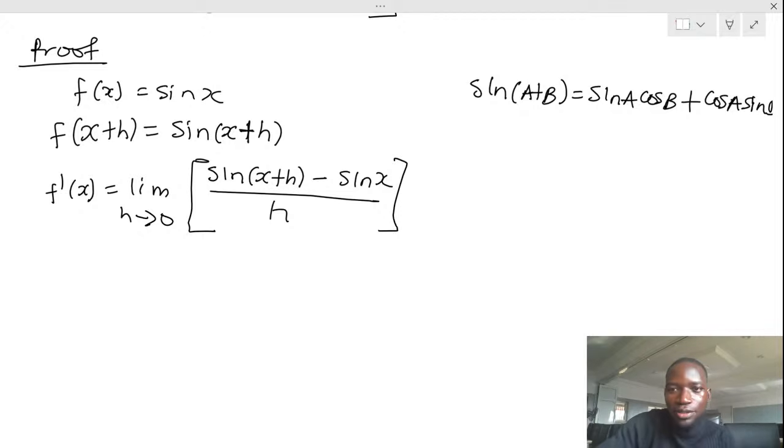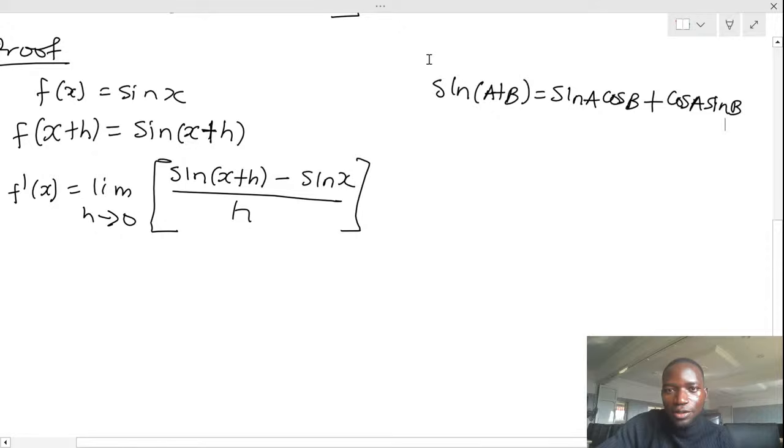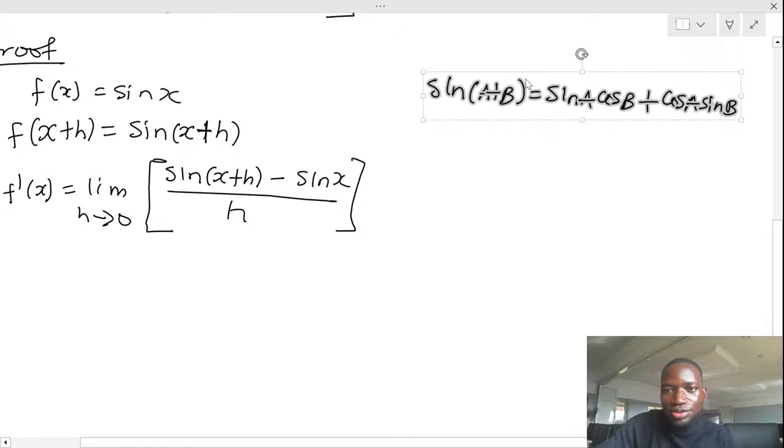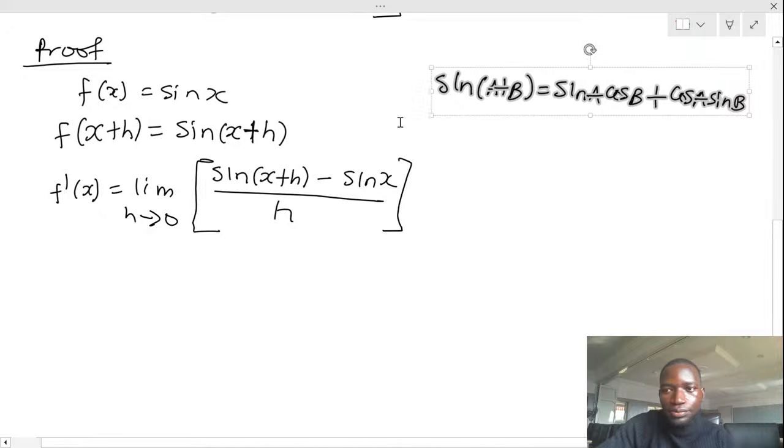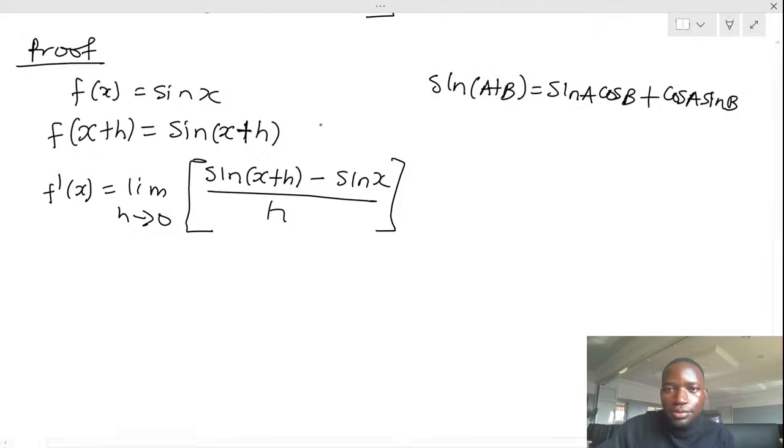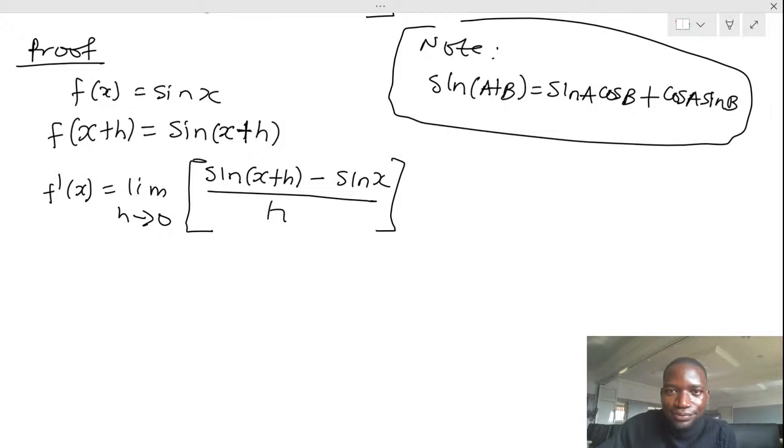So we are going to make use of this addition formula from trigonometric identities. Just take note of it. We are borrowing this from the addition rule in normal trigonometry. All right, so apply it here. We are going to have our f prime. I believe you know you can write your f prime as also the d of this.